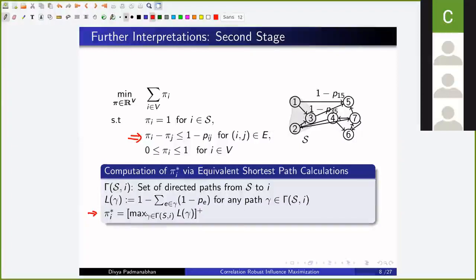Each path from S to i has a value associated with it that depends on each of the edges. It's as if each edge has a weight of 1 minus pij, and there is this kind of metric, and you try to compute the max value. So it boils down to a shortest path for a graph of this form. You can compute pi i stars using just shortest path calculations, and in fact, we do this in our experimental results as well.